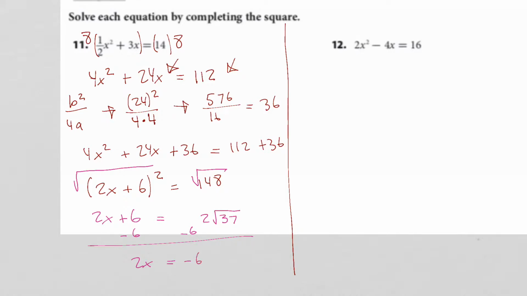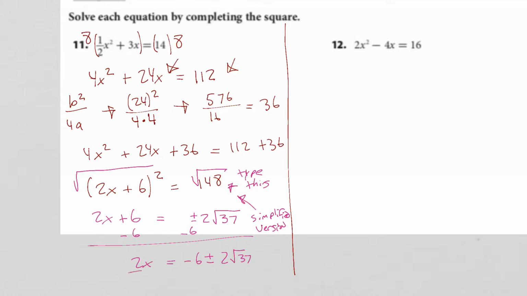Minus 6 plus or minus 2 times the square root of 37. And you're like, how did he get that? Well, type this in your calculator, and this is the simplified version of that. And it's, of course, plus or minus.